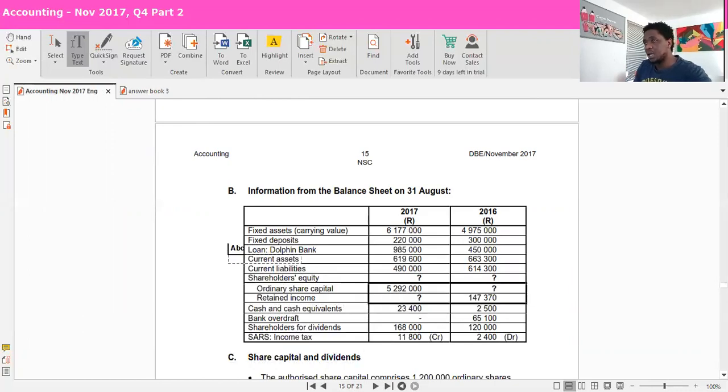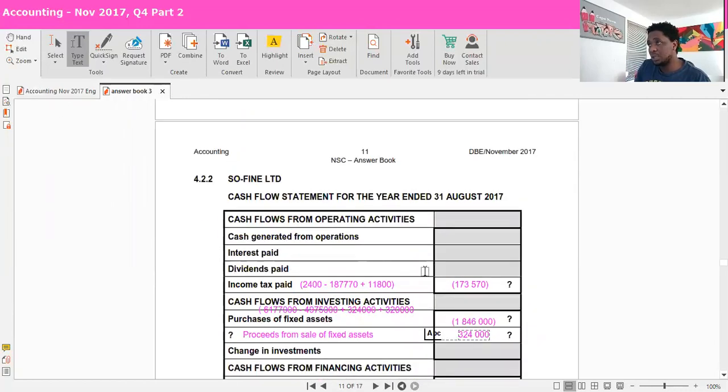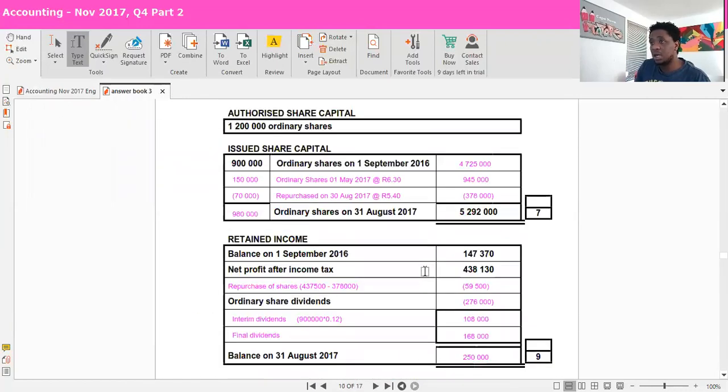But luckily, we answered a question in the previous question where we were completing the note for retained income, and we knew that we had 5,292,000 and 250,000 as our shareholders' equity.